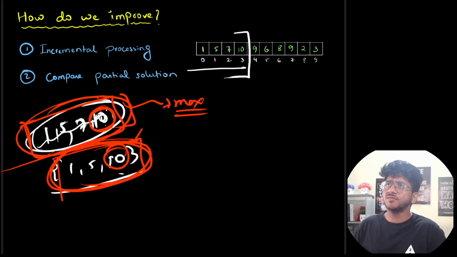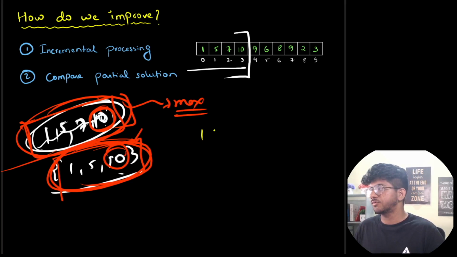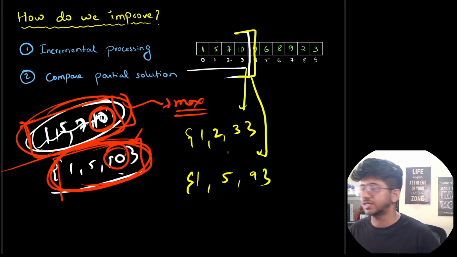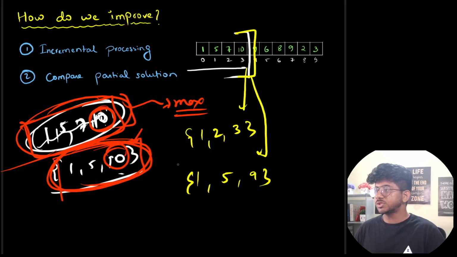Next is, let's say we have 1, 2, 3 as a subsequence at a particular place, and 1, 5, 9. Okay. So till this much, these were the two sets that were generated. It's not for this particular example, but let's say these were the two sets that were generated. Out of these two sets, which one do you think we should keep and which one should we eliminate? Because if you keep all the incremental processings, potentially there can be 2 to the power n subsequences, right?